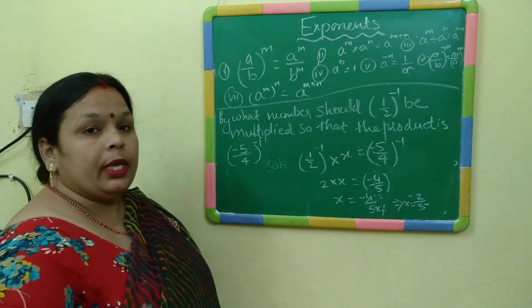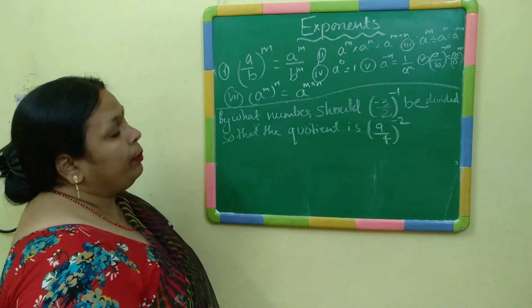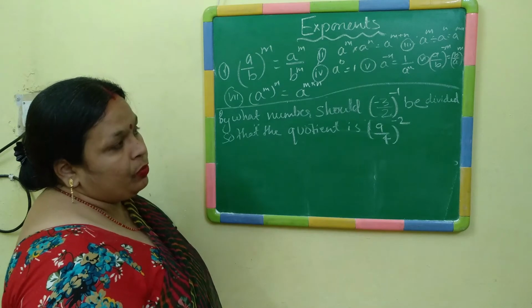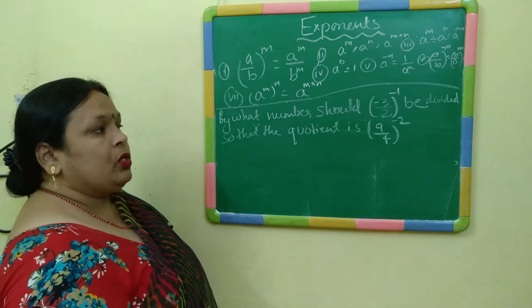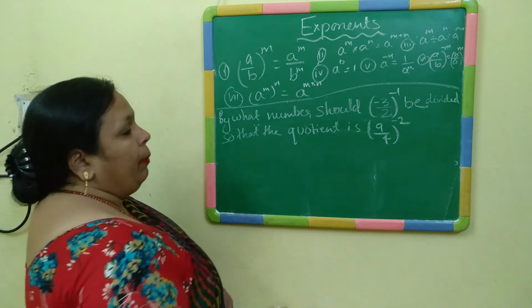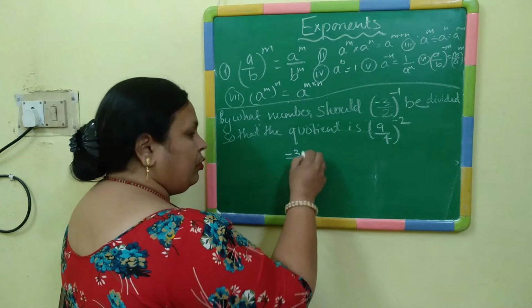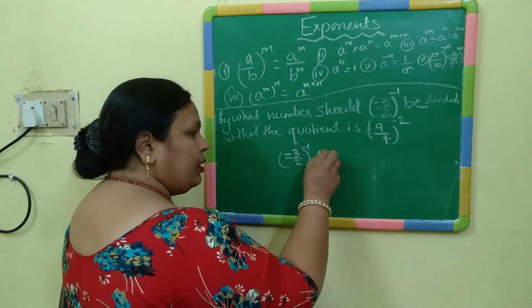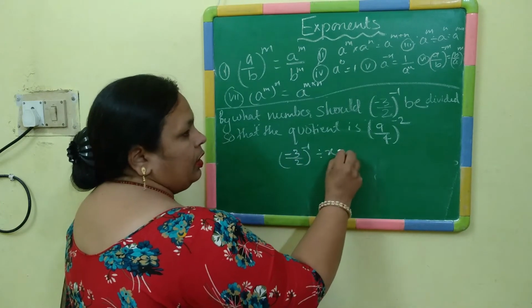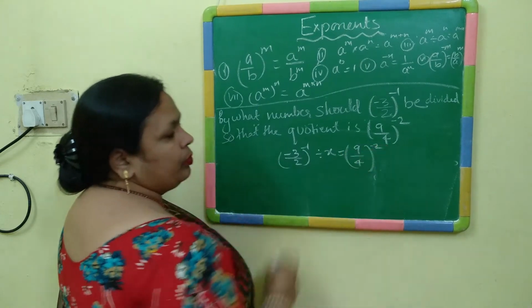Let's take the other example. By what number should (-3 by 2) power minus 1 be divided so that the quotient is (9 by 4) power minus 2? Mathematically, this can be represented as (-3 by 2) power minus 1 divided by x is equal to (9 by 4) power minus 2.